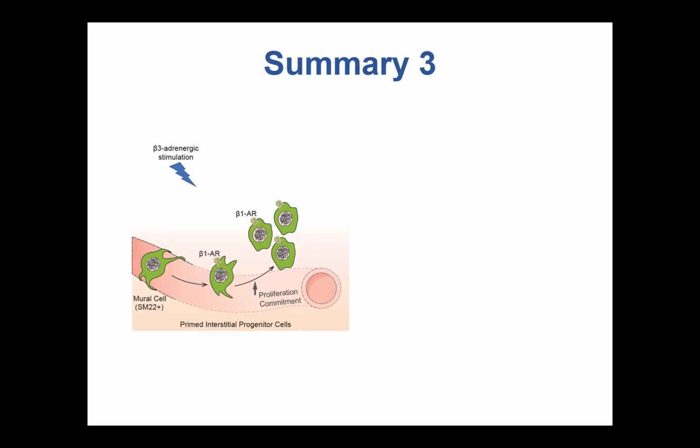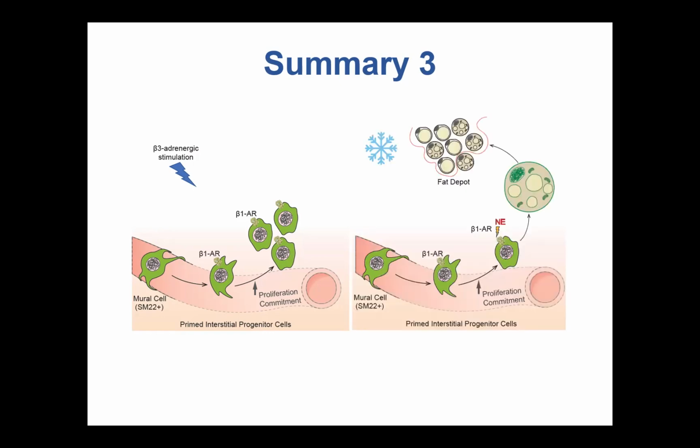The expression of beta-1 receptor is important for the recruitment of cells. Because it's not present in just beta-3 agonist stimulation, we don't see recruitment of those cells, whereas under cold conditions, the presence of catecholamines that are secreted through the neurons is able to induce the recruitment and maturation of those progenitor cells into beige adipocytes.